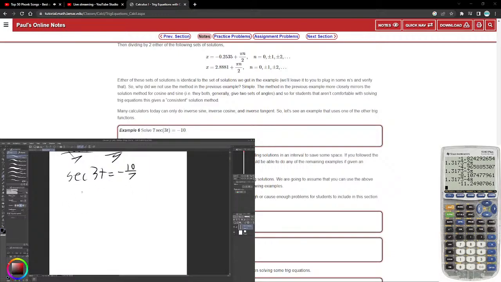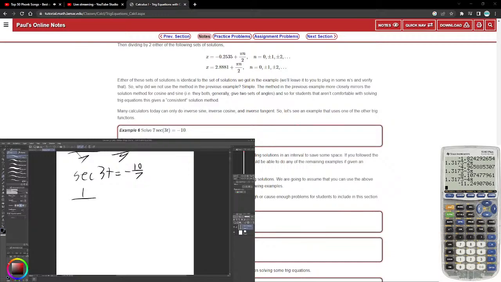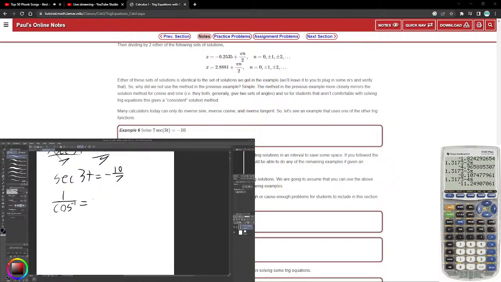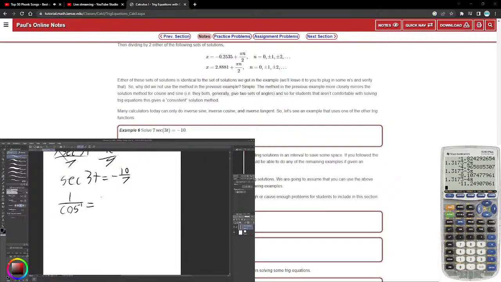Let's see. 1 over inverse cosine equals of -10 over 7 equals 3t.